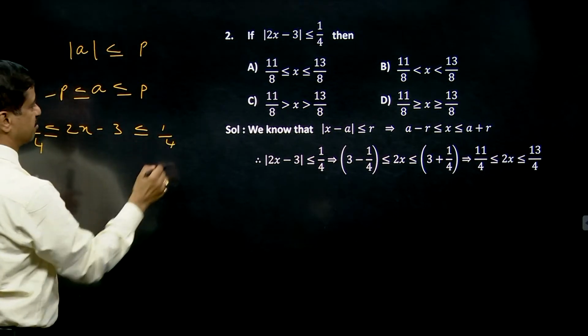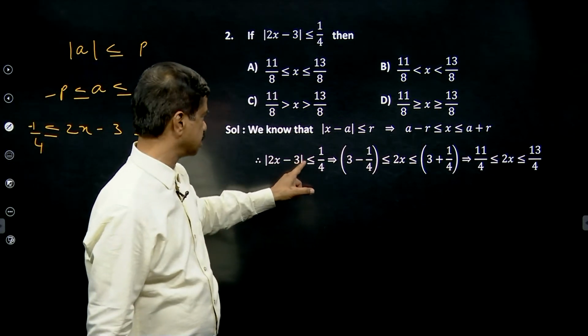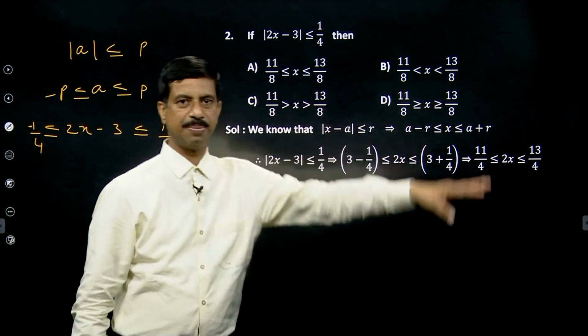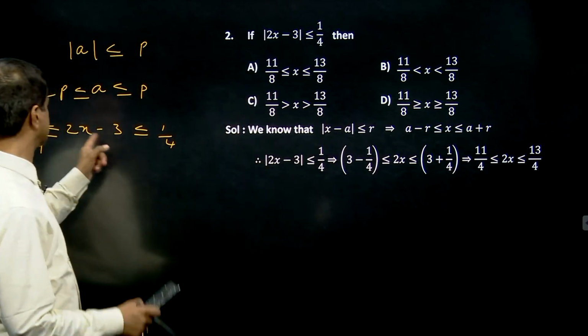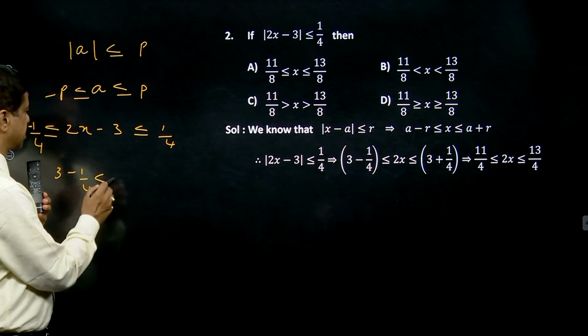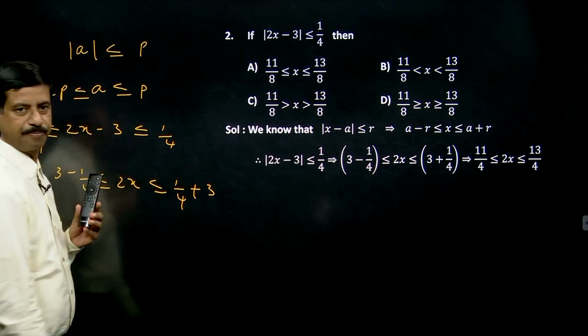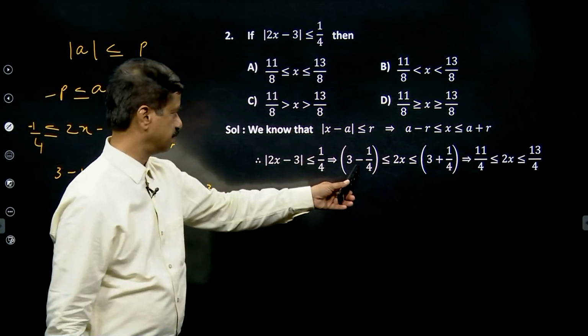Here in this case he also brought this minus 3 onto the other side, so that becomes plus 3. This is the logic. So, you add 3 everywhere: 3 minus 1 by 4 is less than or equal to 2x is less than or equal to 1 by 4 plus 3. That is what we have done, you see.